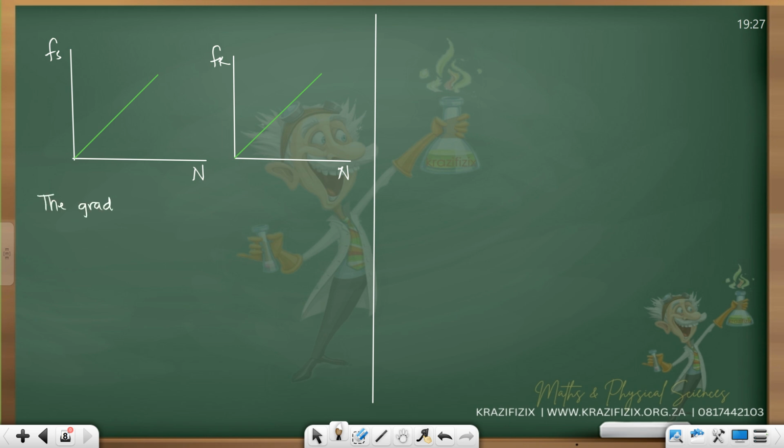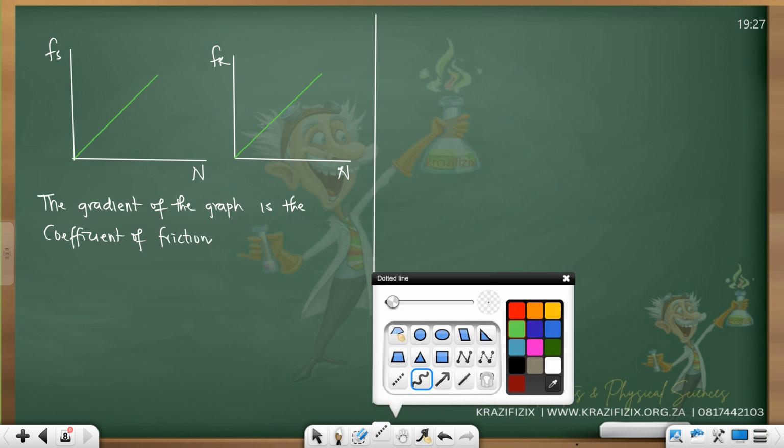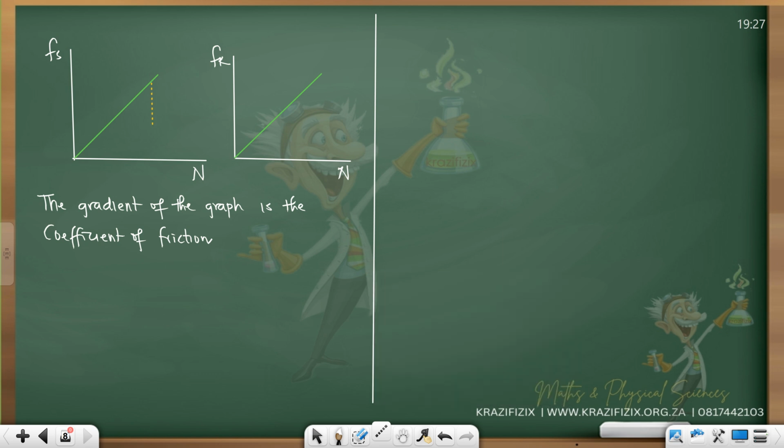The gradient of the above graph, do you know how to get the gradient? The gradient of the graph is called the coefficient of friction. Gradient is change in y over change in x.